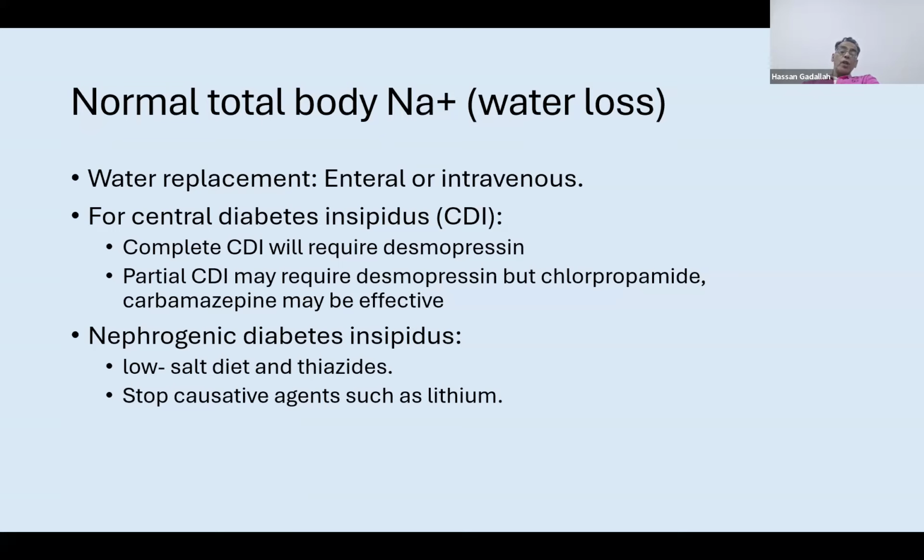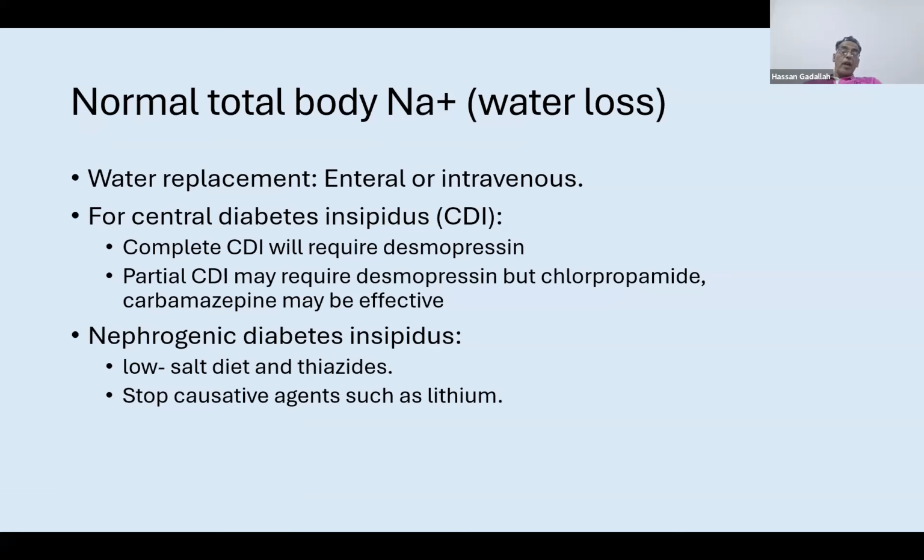In addition to correction of the free water deficit, if the underlying pathophysiology is diabetes insipidus, and it's central diabetes insipidus with deficiency of antidiuretic hormone, we need to replace the antidiuretic hormone by an exogenous agent.